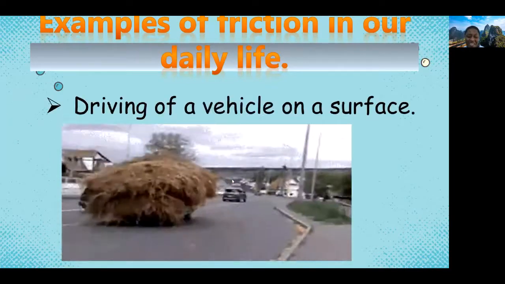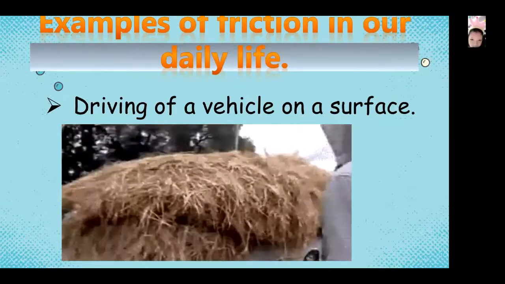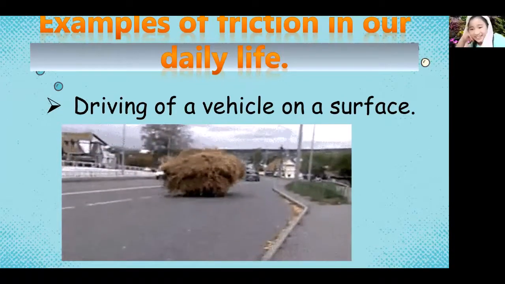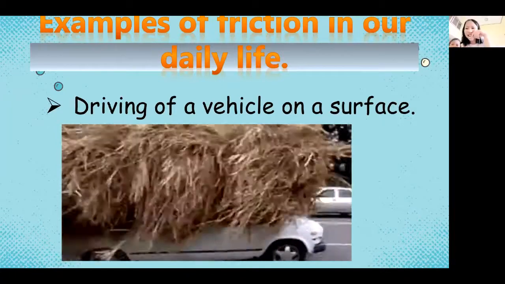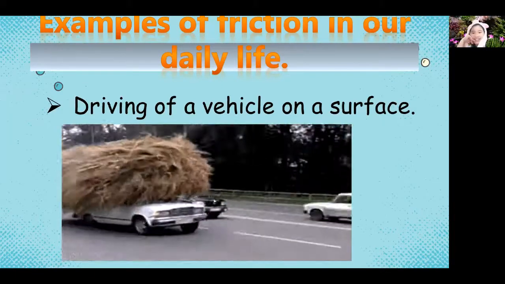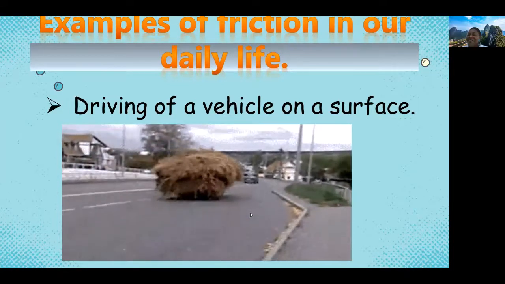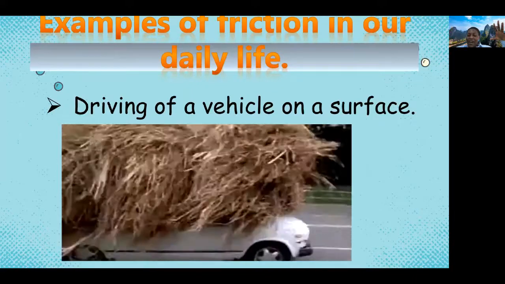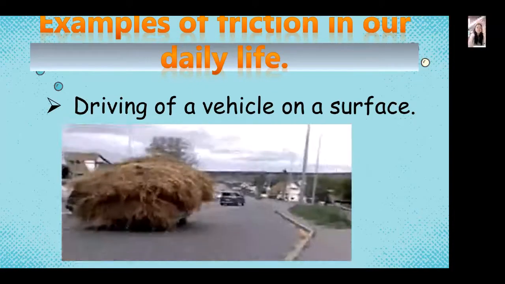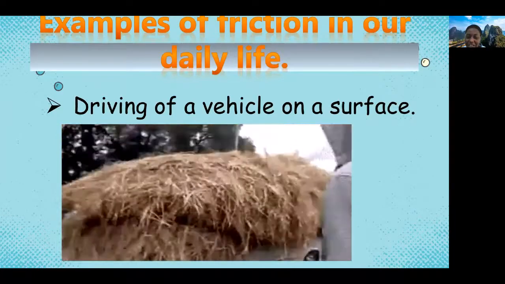And another one is you cannot see my car. Oh my God, what is that? What is that? This is a vehicle. You don't see the vehicle carrying a lot of, I don't know, hay or sewage. Maybe the food for feeding cows.